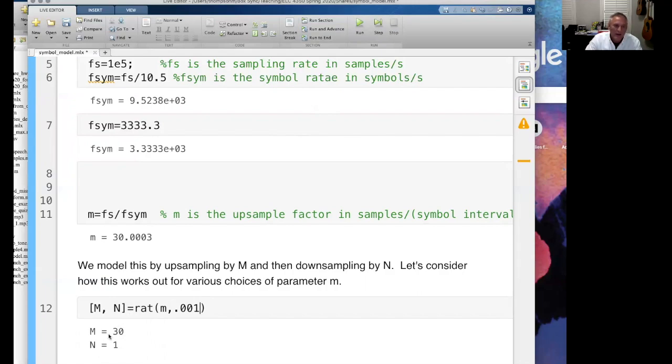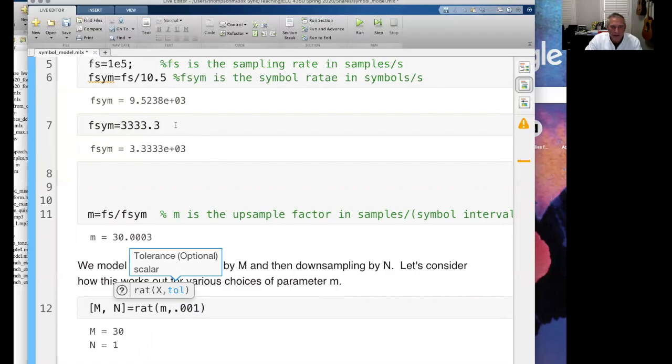So m equal 30, n equal 1. All right, so you get the idea. The rat function is just coming up with a ratio of integers that approximates m. You have to be careful with that because sometimes that ratio can give you something that would result in a crazy long simulation time. So in general, I'm going to put this in here, and if I want a little more accuracy, I can always change that tolerance setting of the rat function.